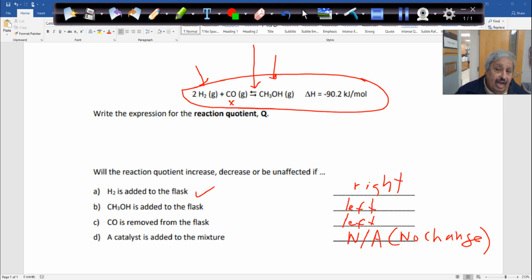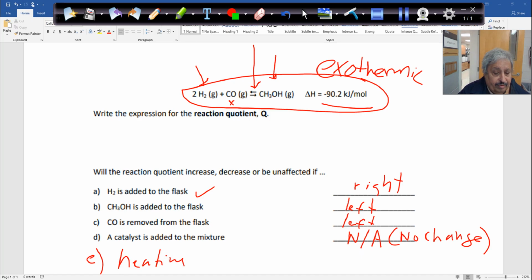Now, how about it's exothermic or endothermic reaction is this? If the sign is negative, this is exothermic. If it's positive, then it's endothermic. How about heating the reaction, where will be the shift?